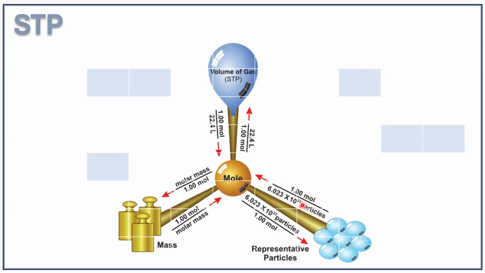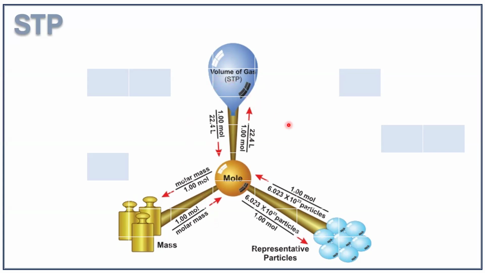If I say 1 mole of atoms, it is 6.023 into 10 raised to 23 atoms. And what will be the mass of 1 mole? That 1 mole will be weighing the atomic mass expressed in grams. Atomic mass expressed in grams is known as the molar mass.